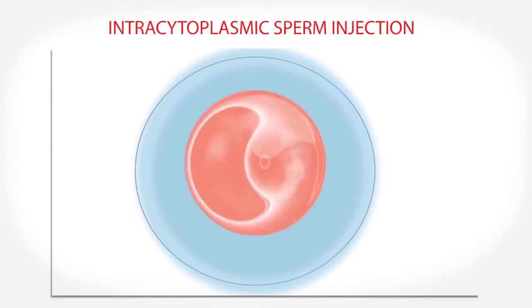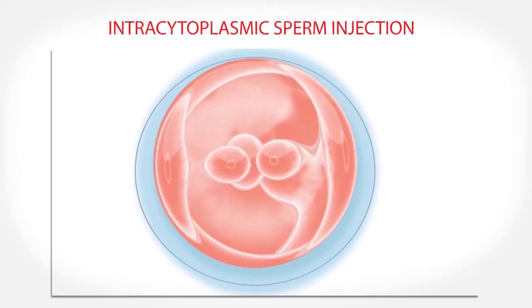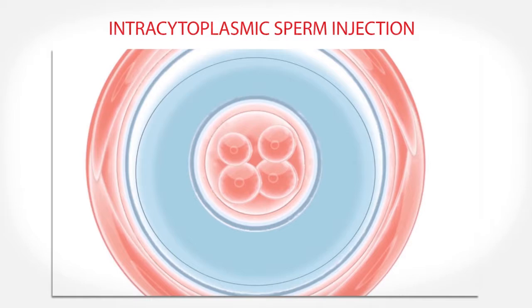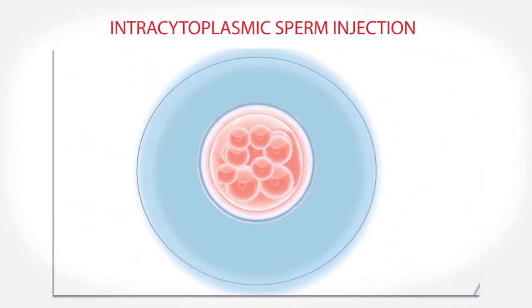Next day, we see 2 cells in the embryo, which is called a 2-cell stage. Then there are 4-cell stage, and on the 3rd day, 8-cell stage embryo develops.